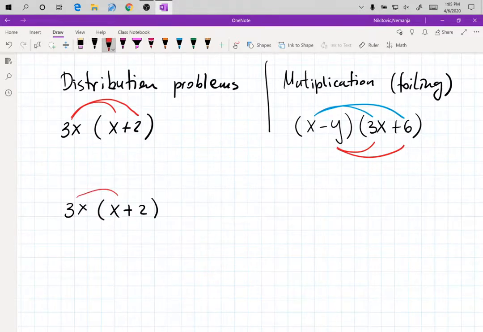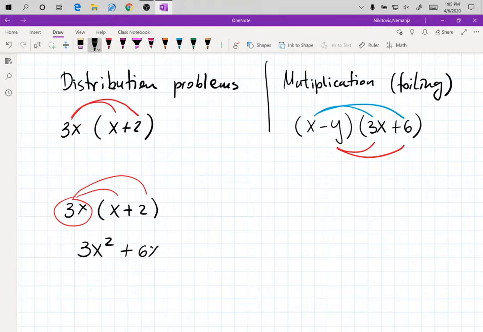So 3x as a unit times x gives you 3x squared, and then 3 times 2 is 6. That gives us 6x. So that's what we have for this distribution. All you need to do is take a look at what multiplies: numbers with numbers and variables with variables.